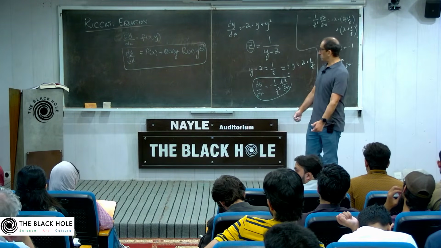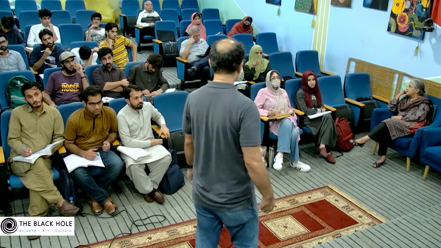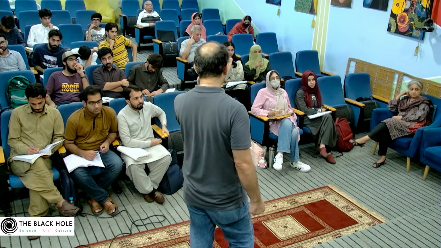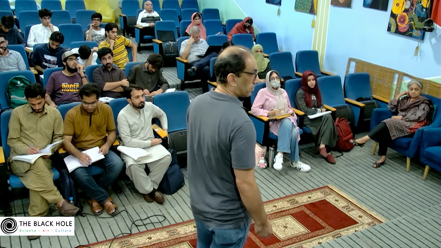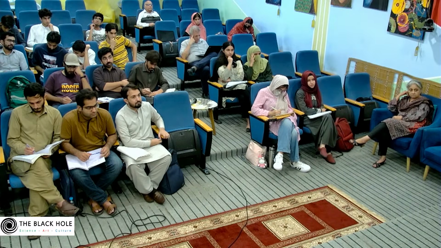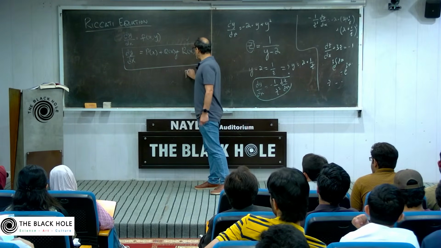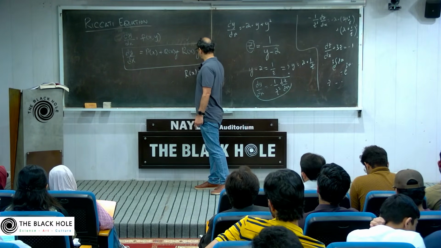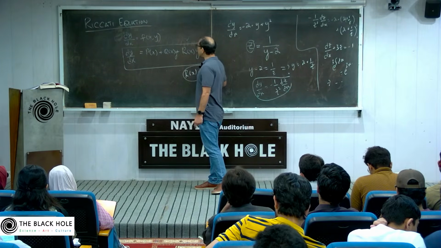Yes? Sorry? Of course, R of x, without it this would not be a nonlinear equation. Yeah, so you are right. R of x can never be 0. True. Otherwise, it's a linear equation.